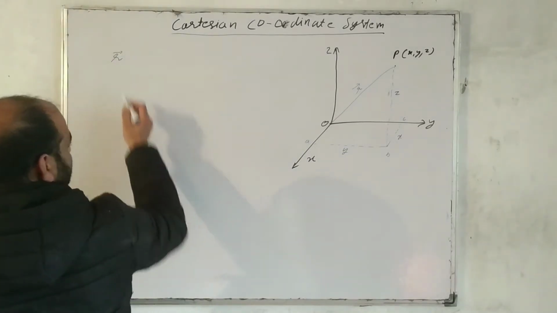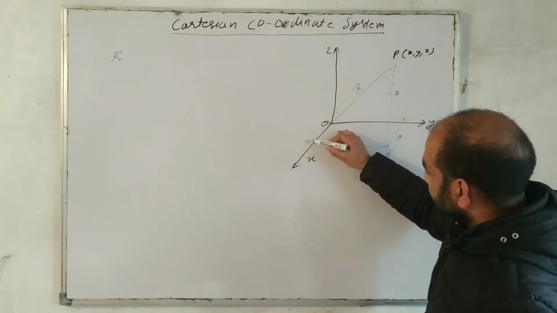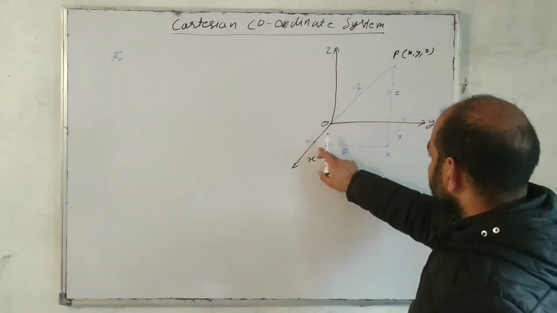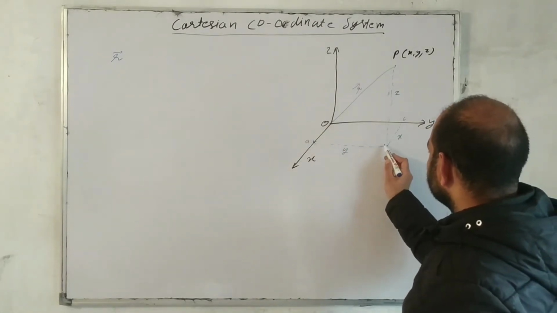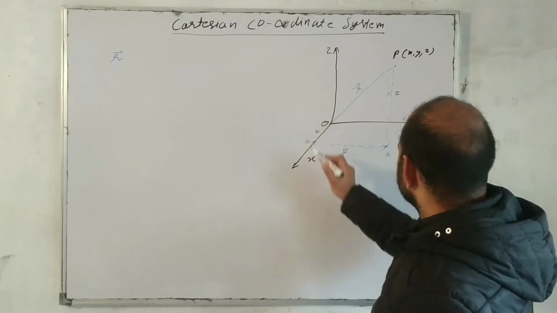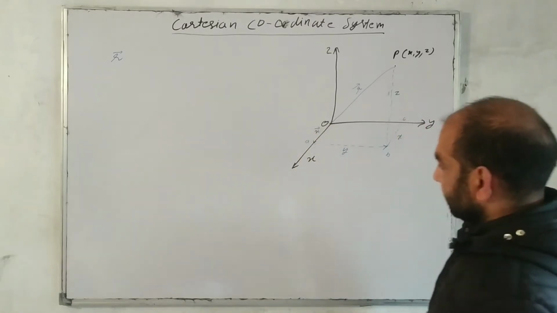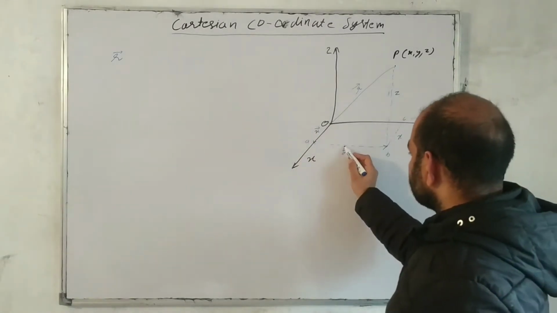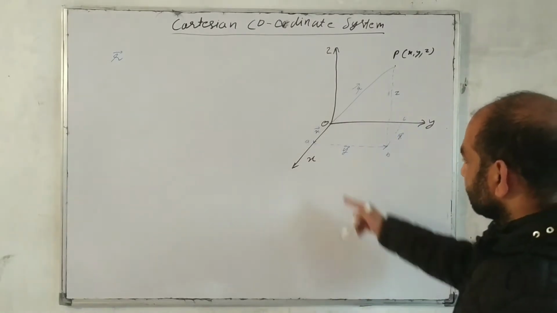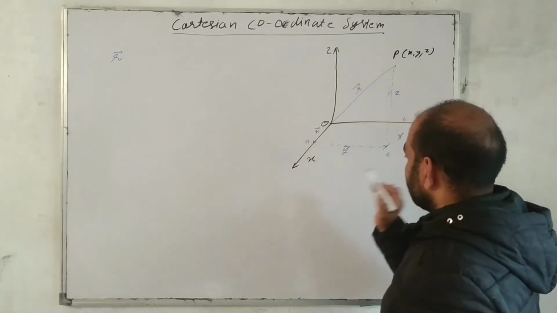This r vector is equal to the OA vector plus the AB vector. This is the x vector and this is the y vector. So OA is the x vector and AB is the y vector.